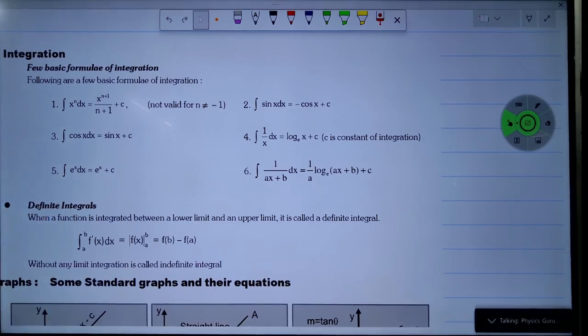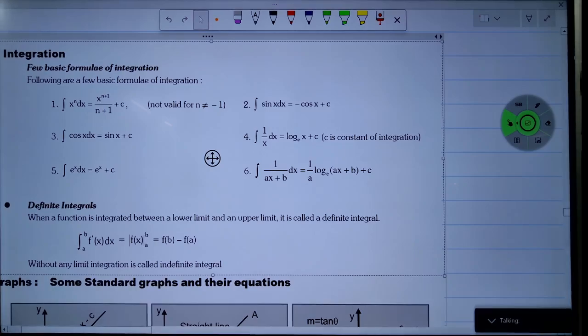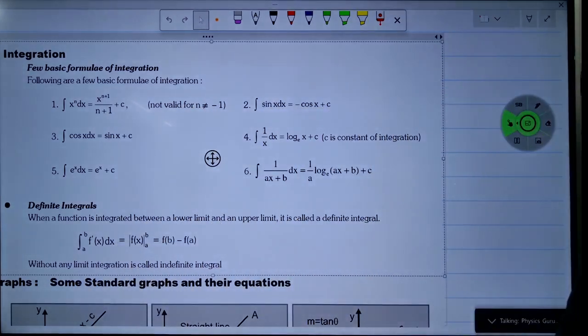Very rarely we will use the second and third. And you should know there's a quantity called e power x. Integration and differentiation don't alter e power x. It's called the exponential function. Exponential functions are unaffected by differential and integral calculus. I'll explain what these functions are.